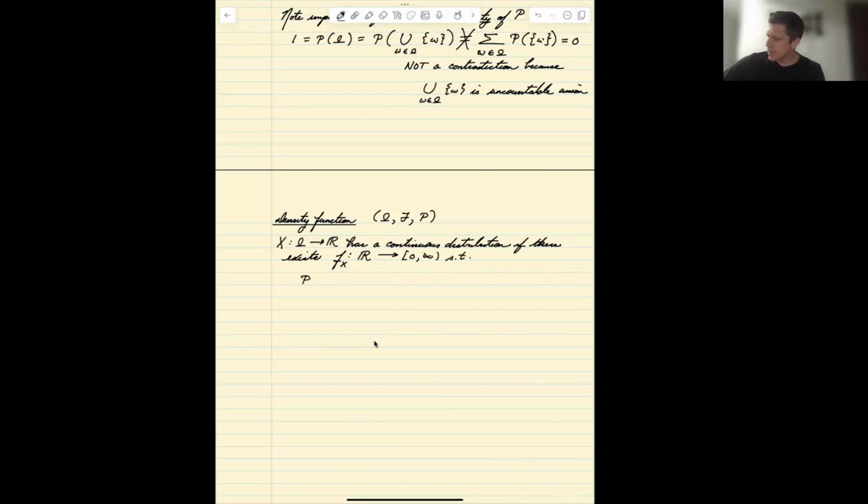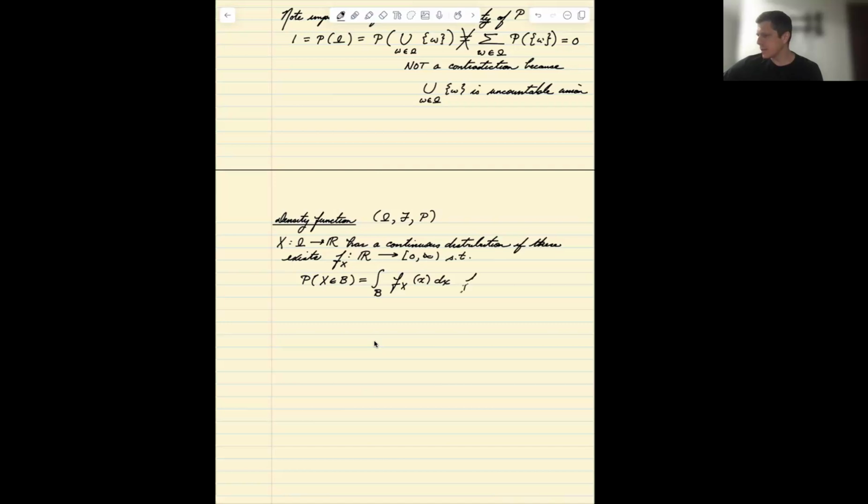such that the probability that x is an element of some subset, that is, that the random variable falls in some subset, which is the same as saying some event occurs, is the integral over the subset of this function f of x dx.